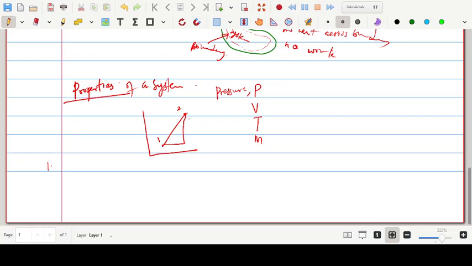This is process 1, one process. But if you move like this from 1 to 2, you consider 2 processes. We are less concerned about the process. The only thing we are concerned with is the end point, the states of that particular property.